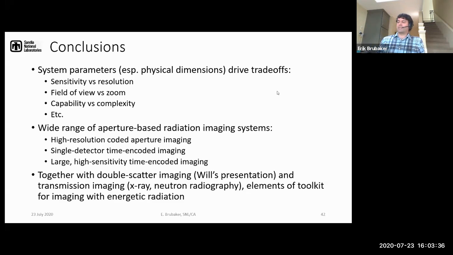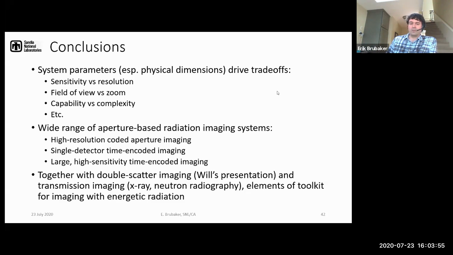So I just wanted to conclude by saying that we talked about different system parameters, things like the size of an aperture or distance between the mask and detector that affect these trade-offs for these aperture imaging systems.